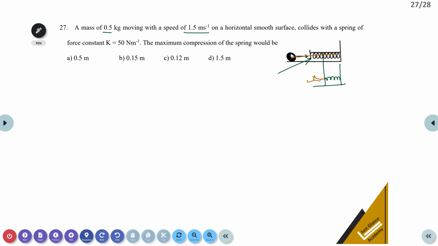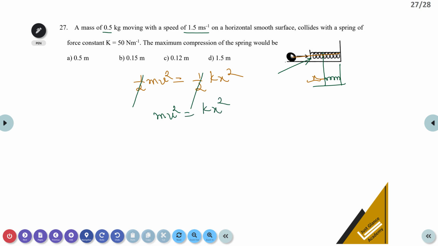Here the formula is: the kinetic energy of the ball, half m v square, is converted into the potential energy of the spring, equal to half k x square.